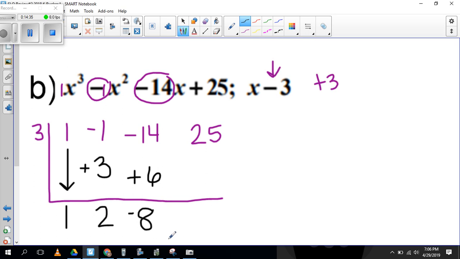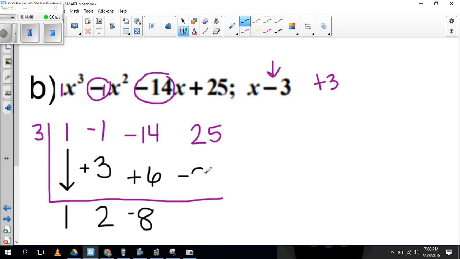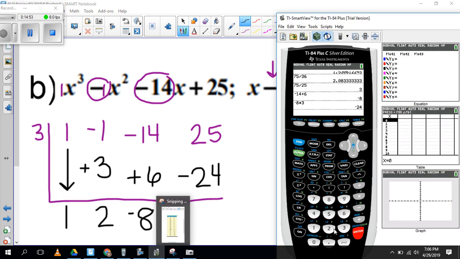So now we put in our calculator negative 8 times 3. And we get negative 24 because we multiplied our negative 8 times 3, negative 24. And then we just subtract. I don't need the calculator, but I'm just showing you in here. Minus 24.